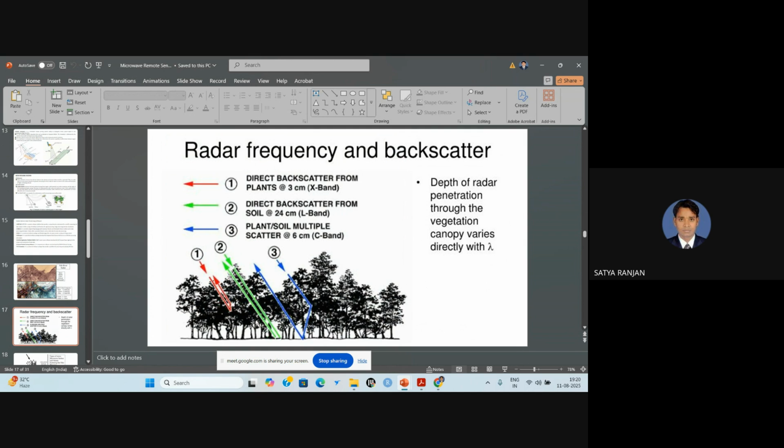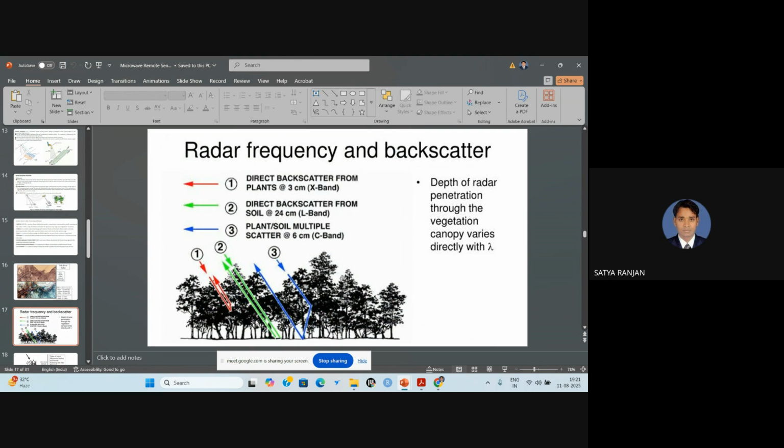Building heights, earthquake measurements, landslides, and a lot of other applications are there. Then flood area mapping: as it is cloud-free data, in the monsoon season also we can calculate the flood-affected areas with the help of microwave remote sensing.